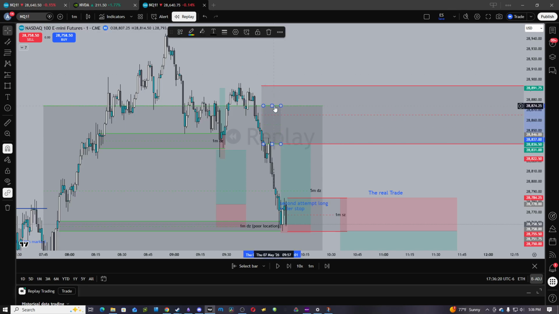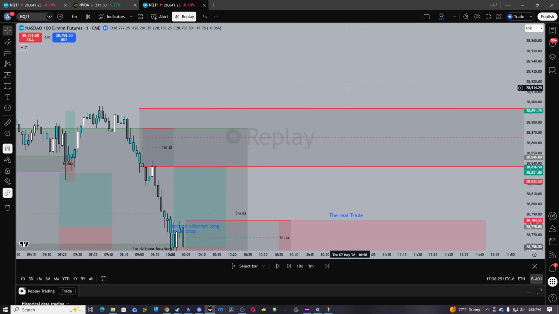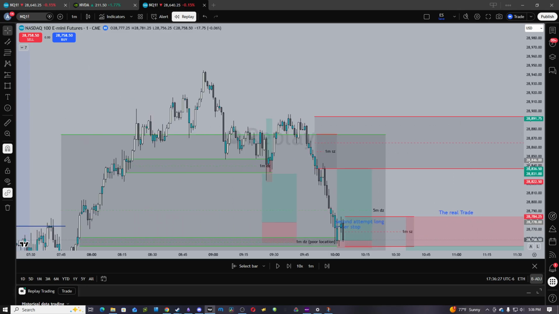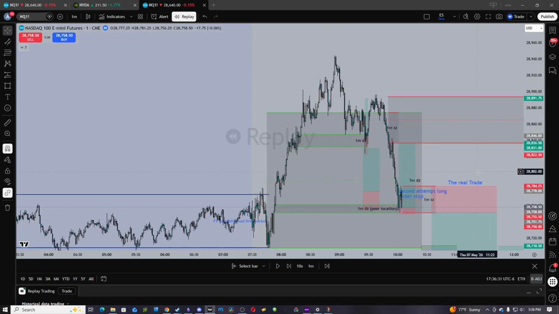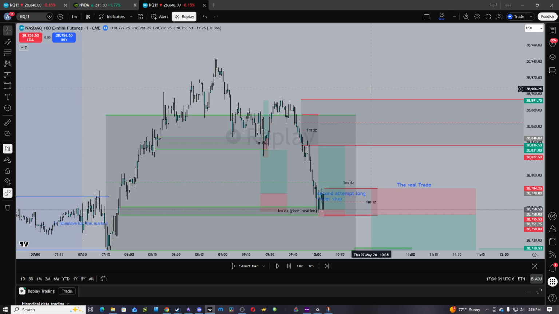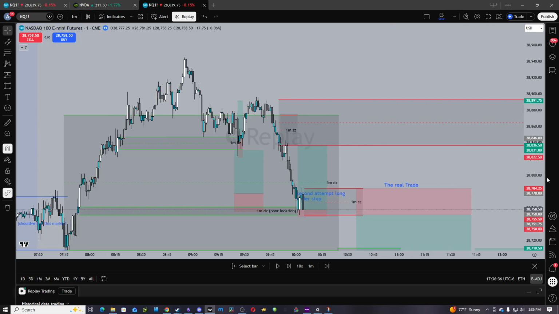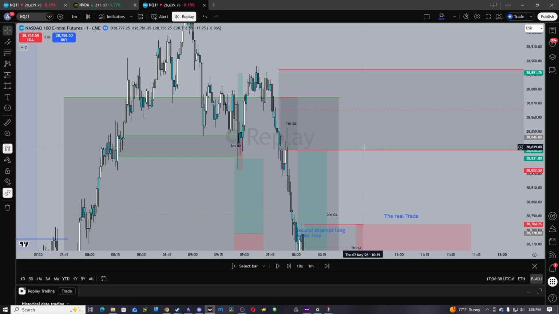The problem is, when you're looking at these lower time frames, it's so hard to tell whether some of these zones are good or not because there's just so many that pop up. But this one's kind of 50-50.